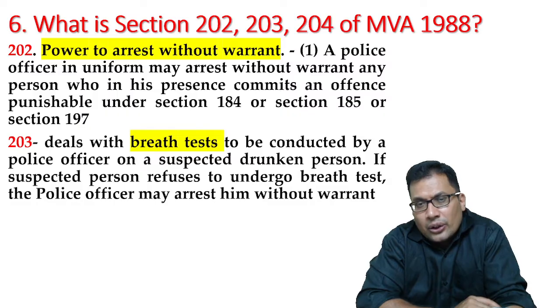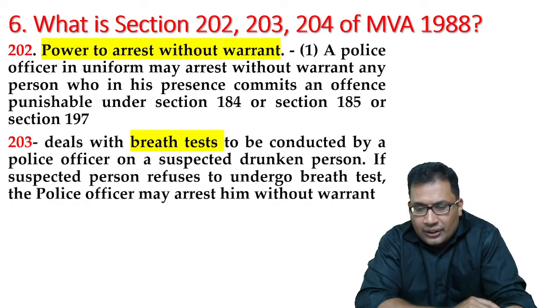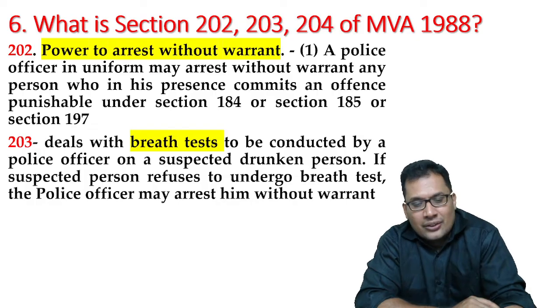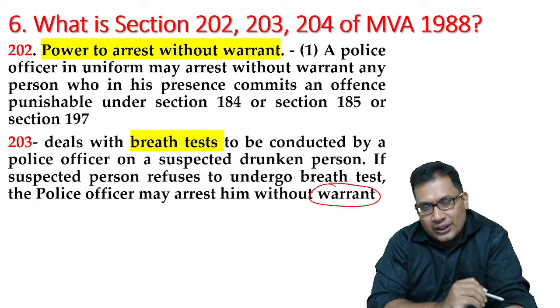It deals with the breath test to be conducted by a police officer on a drunken person. If the suspected person refuses to undergo breath test, the police officer may arrest him without warrant. This is what 203 states.